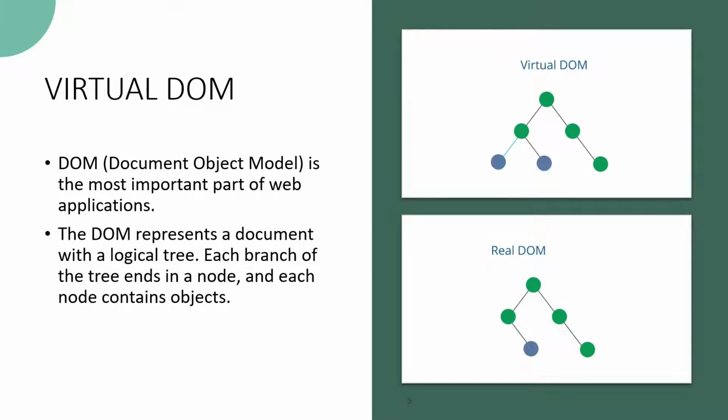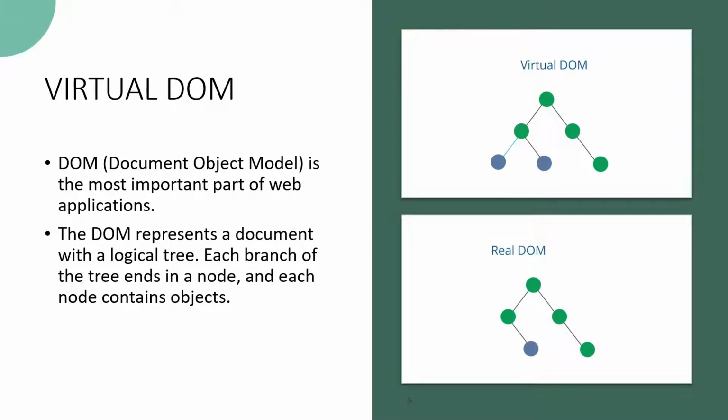Once the virtual DOM is updated, React compares the virtual DOM with a virtual DOM snapshot that was taken right before the update. By comparing the new virtual DOM with the pre-update version, React figures out exactly which virtual DOM objects have changed. And once React knows which virtual DOM objects have changed, React updates only those objects on the real DOM.